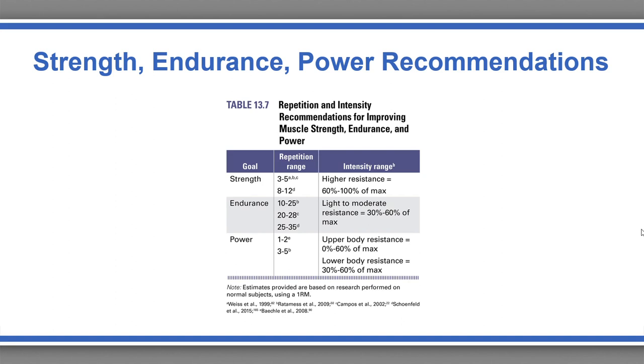Now, what is clear is that as the repetitions decrease, the amount of resistance that a muscle can tolerate will increase. And there is also, for those of you who are interested, a position stand or a paper that is specific to strength training that has been put out by the American College of Sport Medicine. And this paper provides estimates on the amount of resistance to be used.